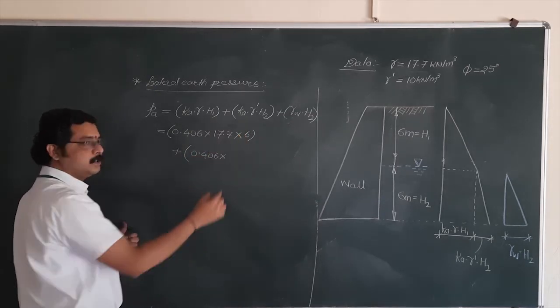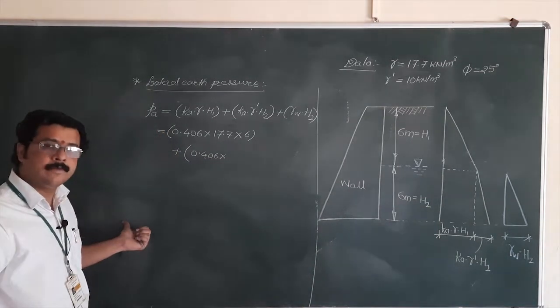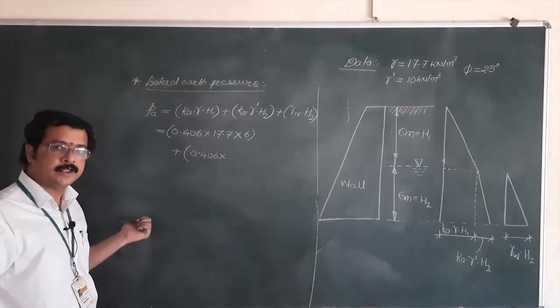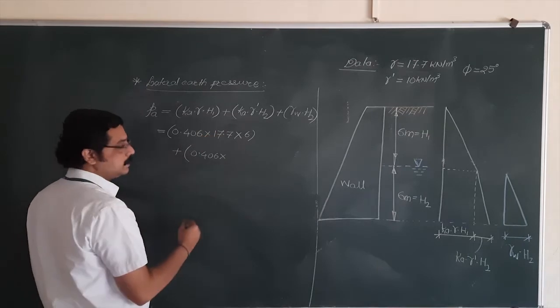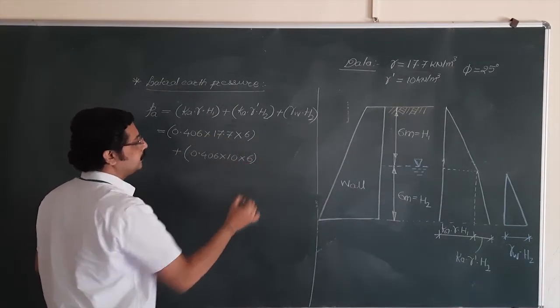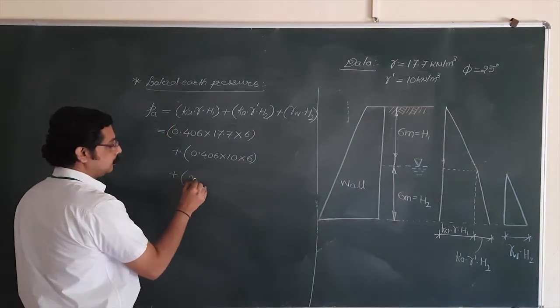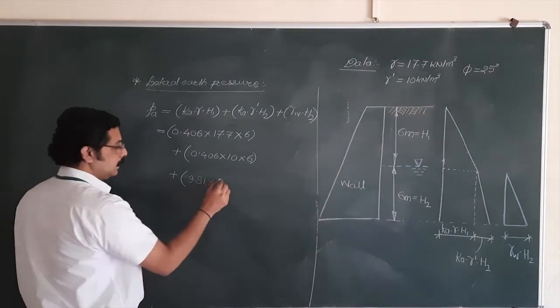This Ka will not change in submerged condition because the same phi value is given for both the situations. Hence, we can use the same coefficient of earth pressure in both the conditions. Therefore, 0.406 gamma submerged, it is 10 multiplied by H2 6 meter plus gamma W 9.81 multiplied by H2 6.